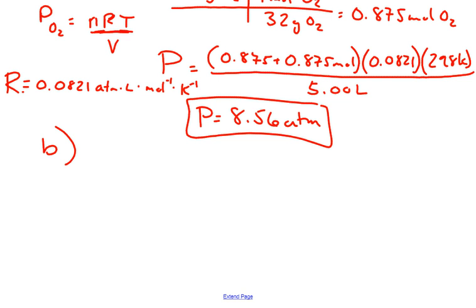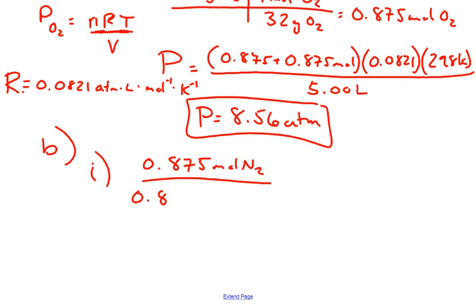I. Mole fraction of N2 in the cylinder. What? Okay, if that's not clicking, what's a mole fraction? It's the moles of that one thing over all the moles. Just like any fraction, it's the percentage, it's the part over the whole.